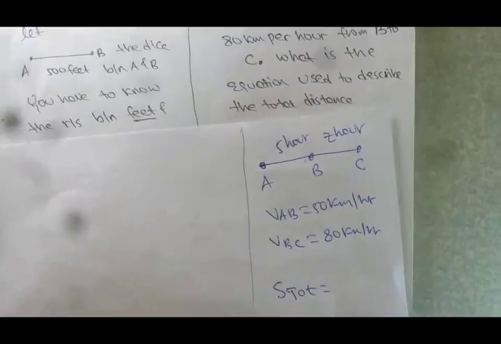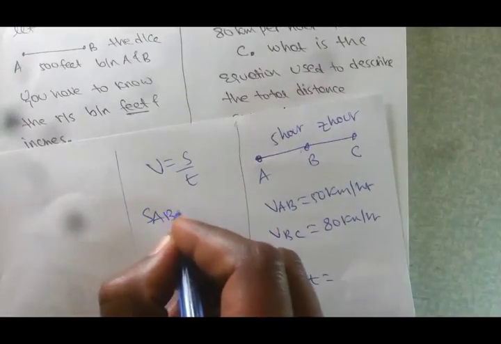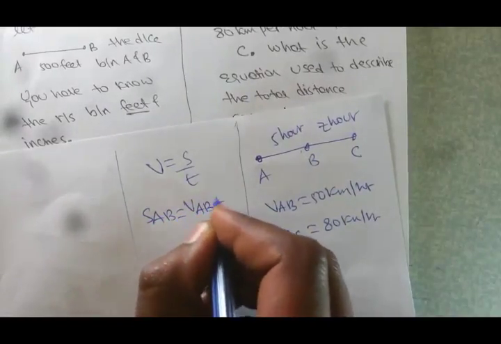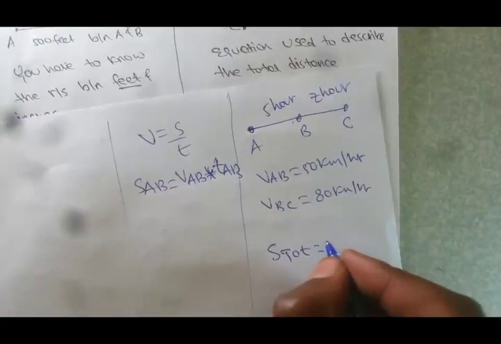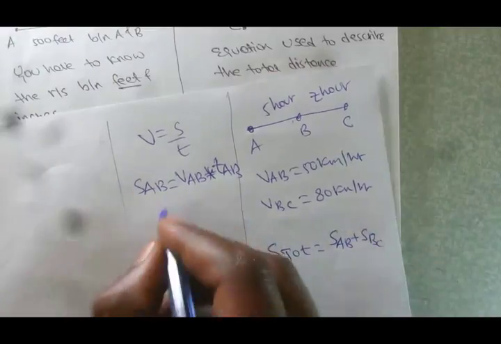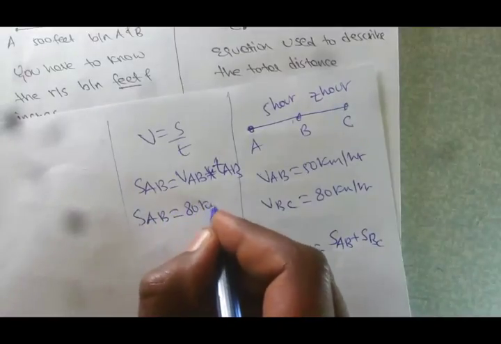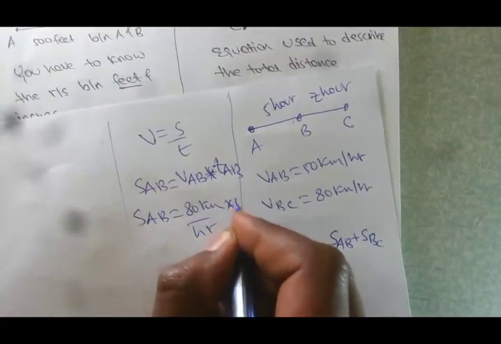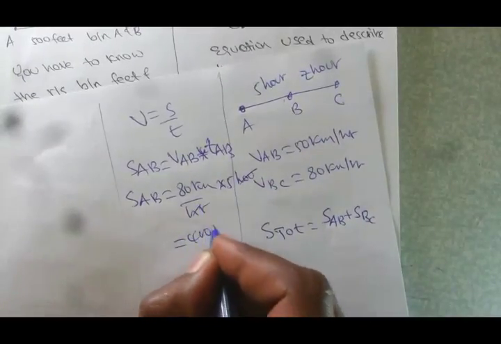So we know that velocity is equal to distance over time. So the distance between A and B is v of AB times t of AB, and the total distance S total is the distance between A and B plus the distance between B and C. Therefore the distance between A and B is the speed of AB, 18 km per hour, multiplied by 5 hours. The hours cancel, so this is 400 km.